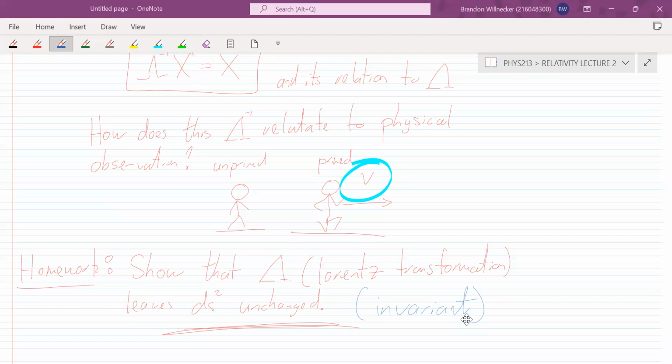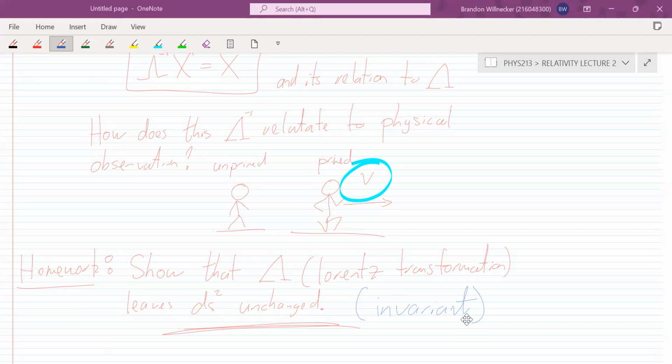That shouldn't change. Your velocity does change if you're going from one coordinate system to another. We're going to measure different velocities, of course. However, we will look at the so-called four-velocity, which is your velocity through space-time, and that is invariant.